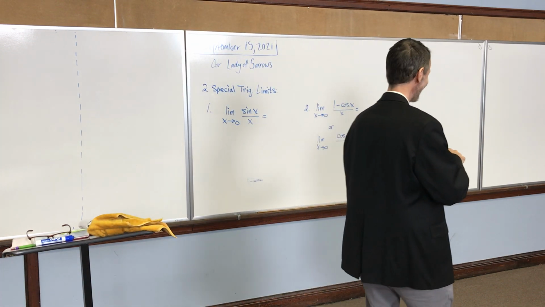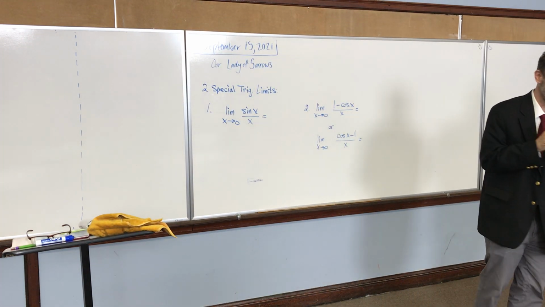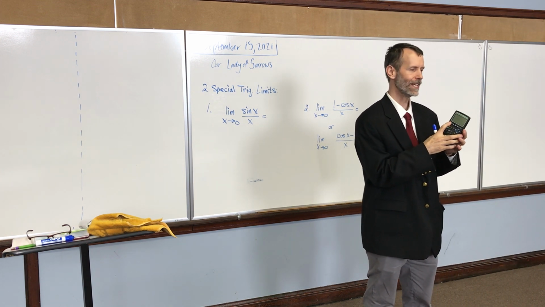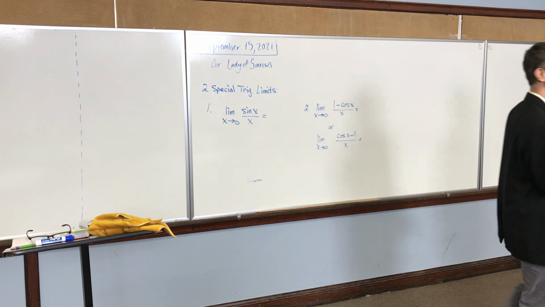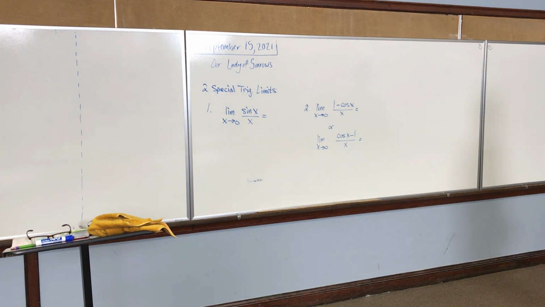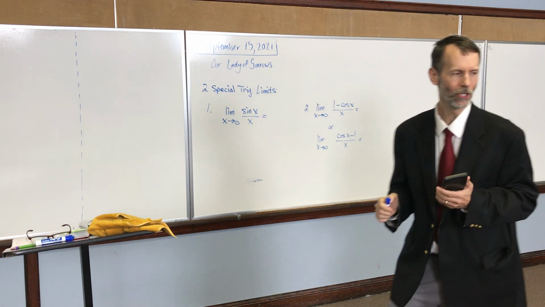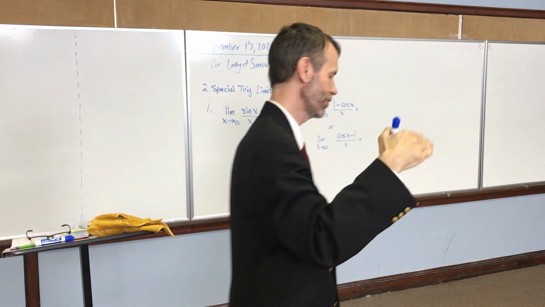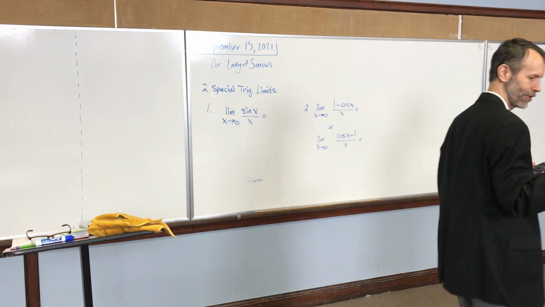On the upper left-hand corner, you should see a button that says y equals. That's going to be one of your best friends. Hit the y equals button. When you hit that, you should see a string of y1 equals, y2 equals, y3 equals, and so on.